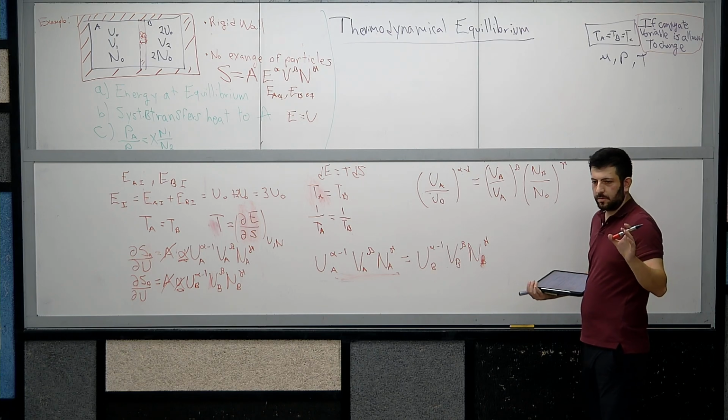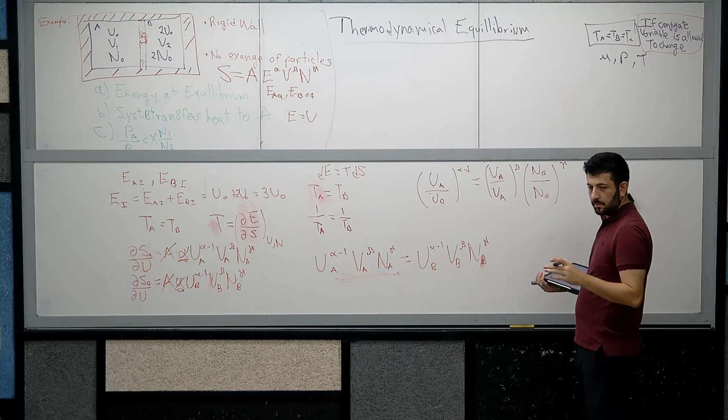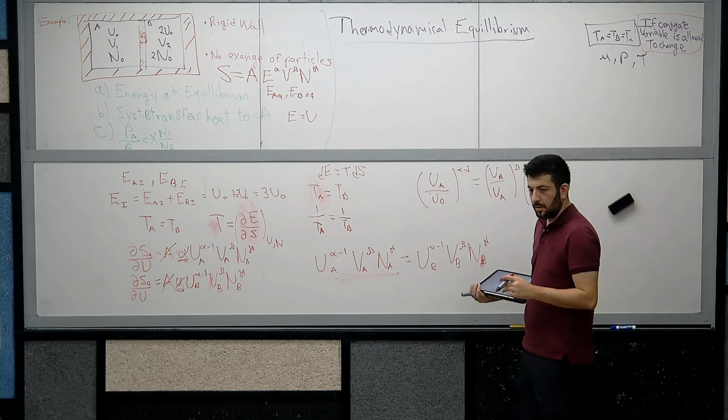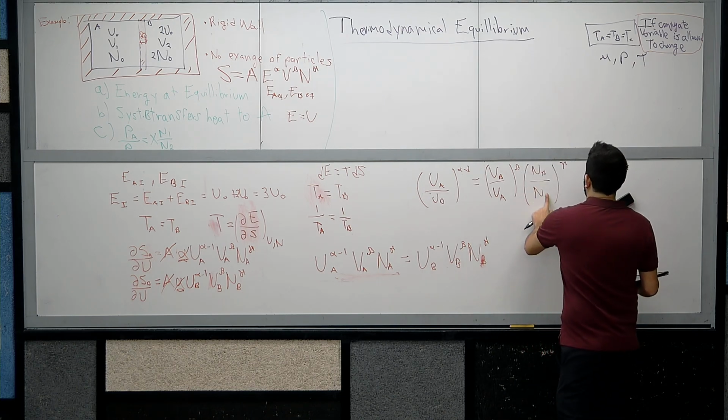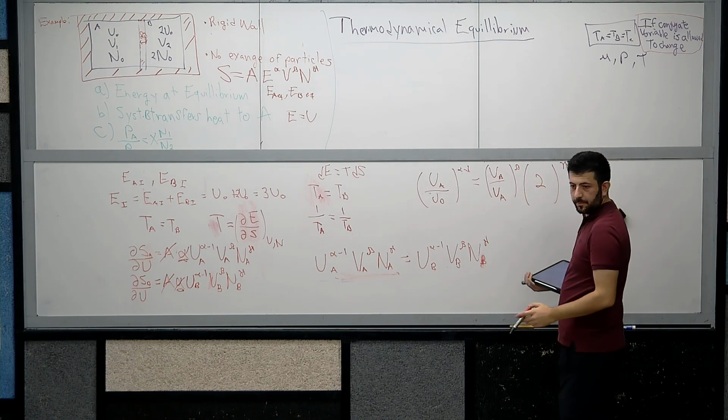Any question? NB is 2 and L. Sorry? NB is 2 and L. Right. So we can just put here a 2, right? Yes.